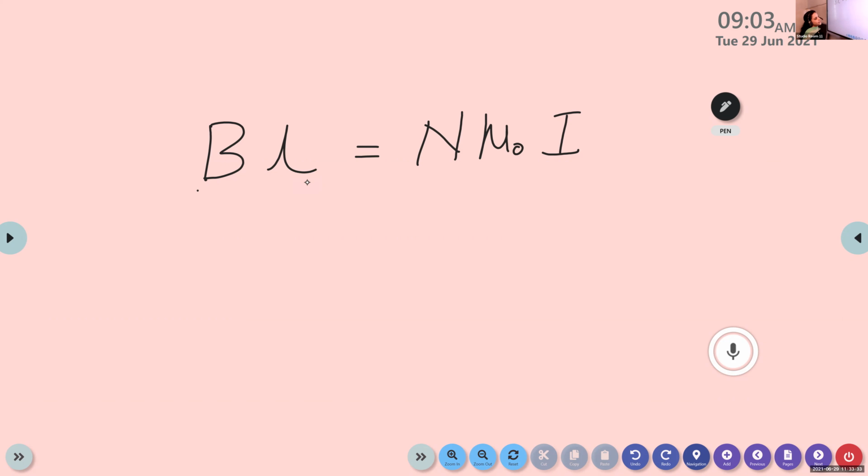Mu 0 is the permeability of free space, and I is the current flowing through this solenoid. Clear?